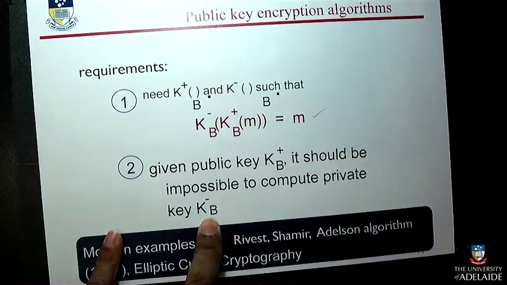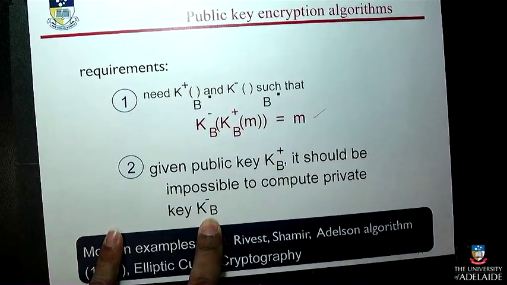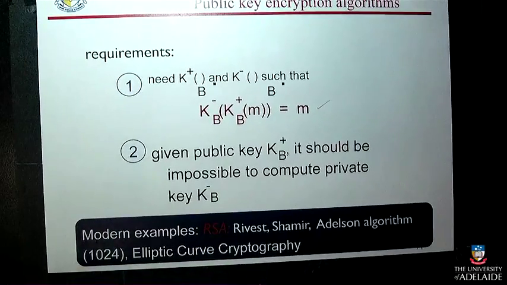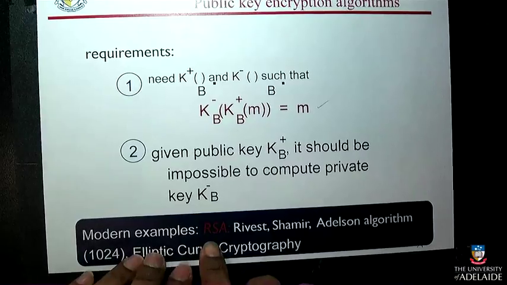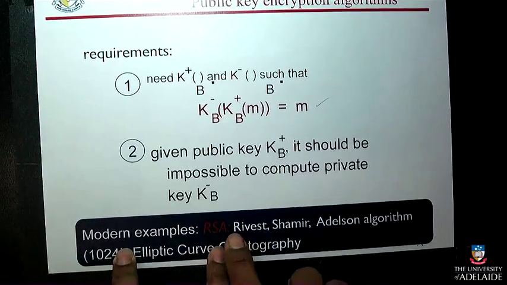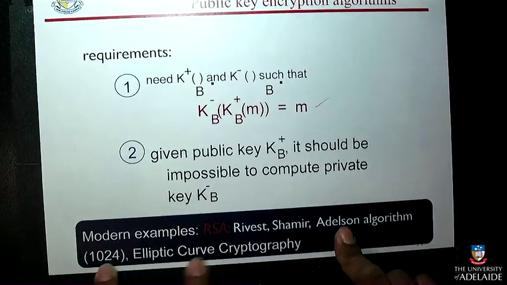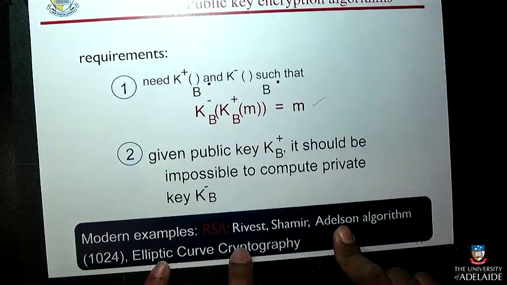Because whatever information you leak or expose should not reveal any information about your secret. Make sense? Some examples of public key crypto systems in use are RSA, which is named after the inventors, Ron Rivest, Adi Shamir, and Adleman, and also ECC, elliptic curve crypto systems.